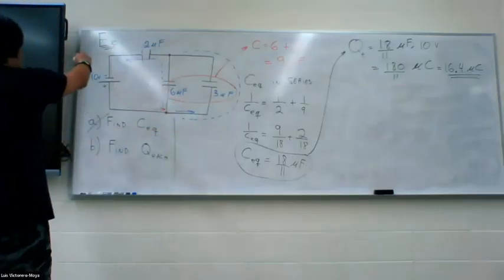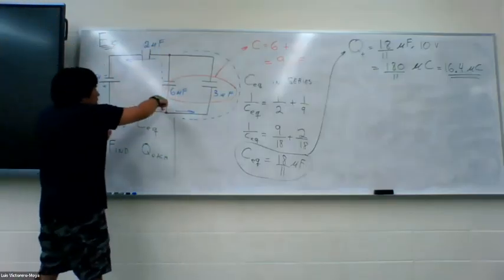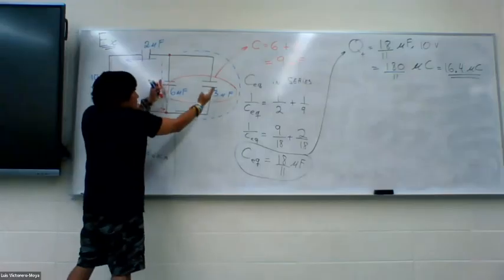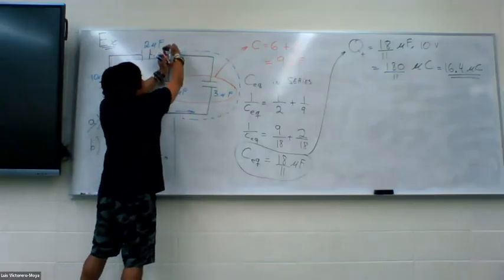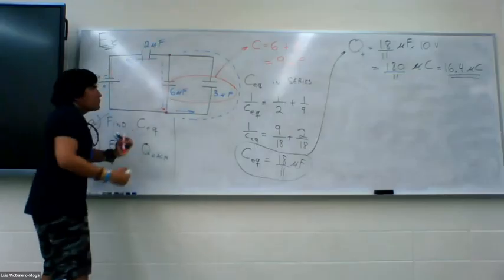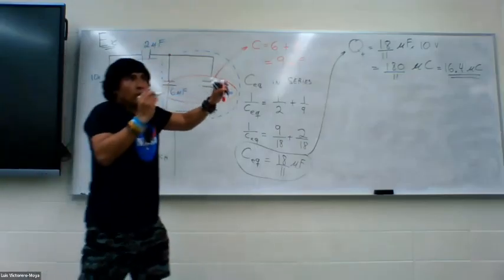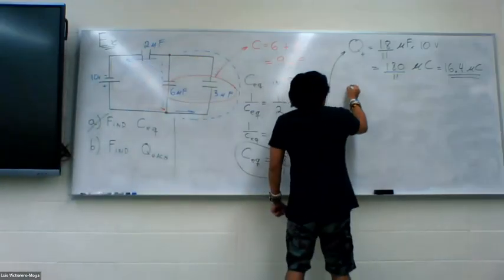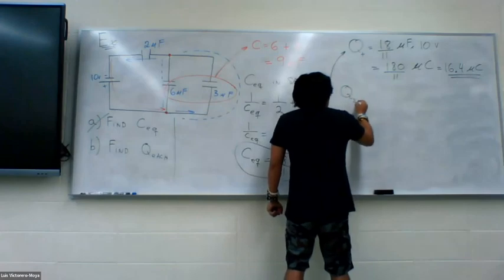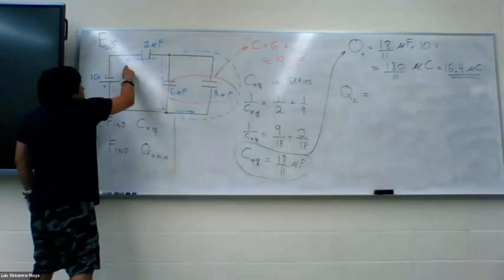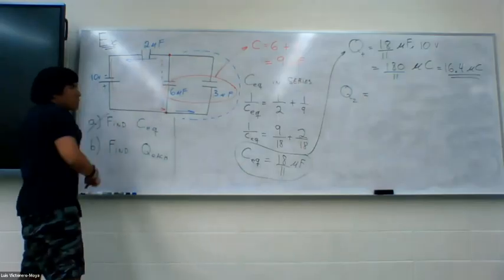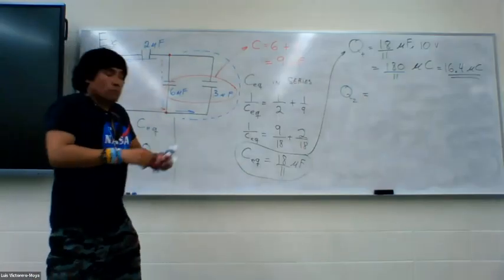Now, if we go back to this circuit, the charge is split here. But look, it's split and then it's combined here. So I already know what's the charge on 2. The charge on 2 is the net charge of the circuit, which is 16.4.